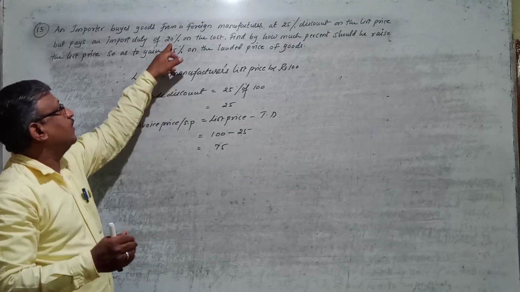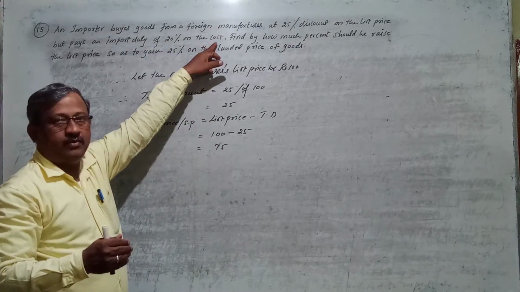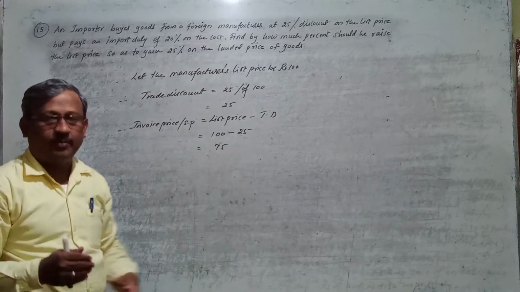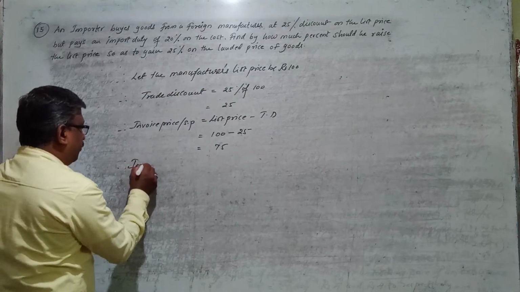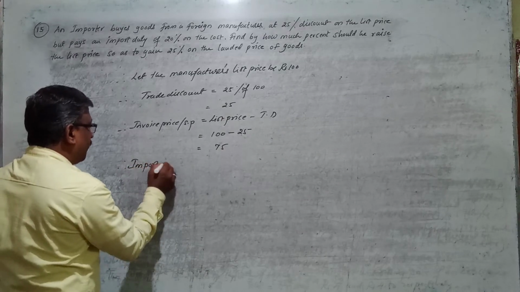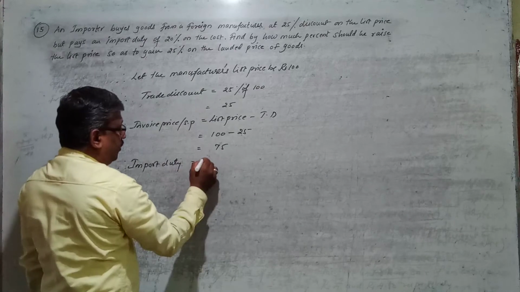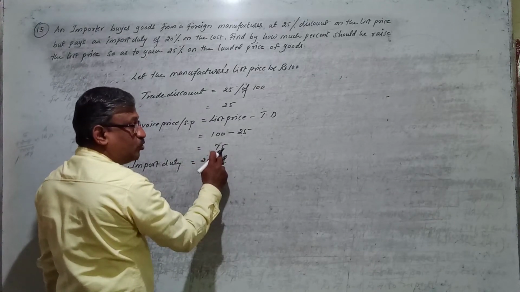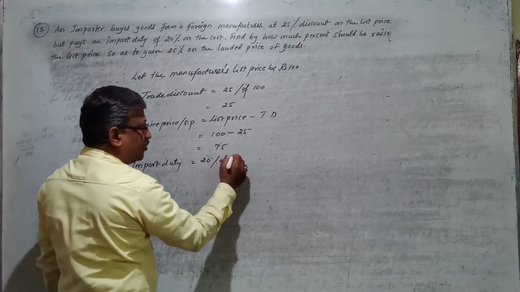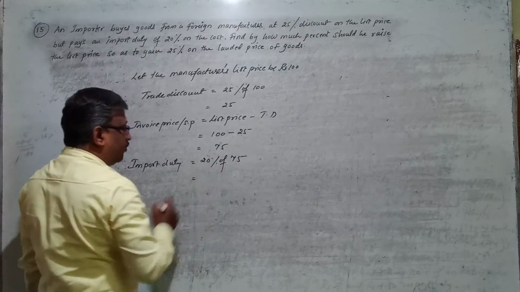Import duty is how much? 20%, which is paid on the cost, by the importer to the government. So now we calculate the import duty. How much do you have to find? You have to find 20% on his cost, the importer's cost. So the importer's cost is how much? 75 rupees. So on 75 rupees, you have to find how much it is.